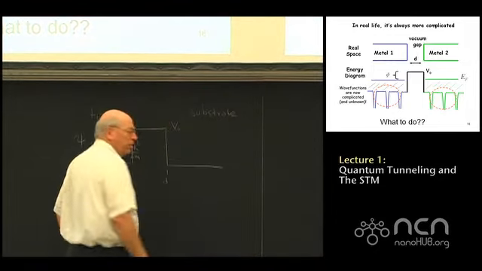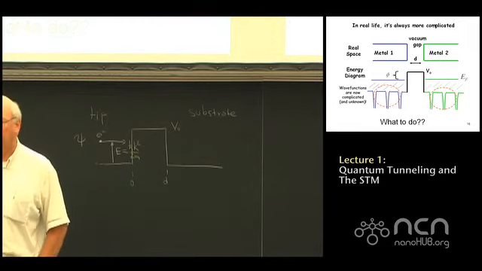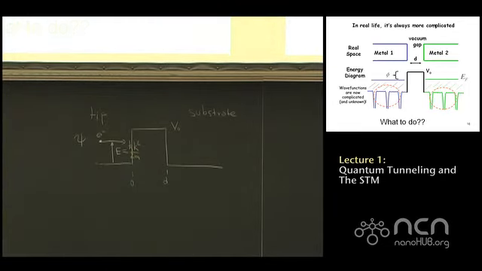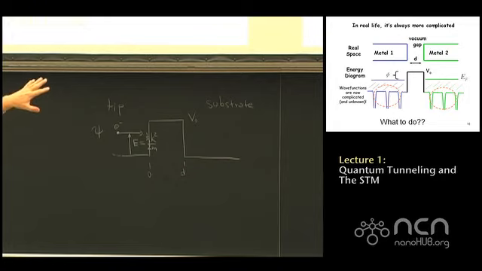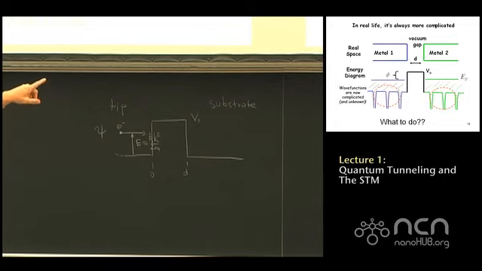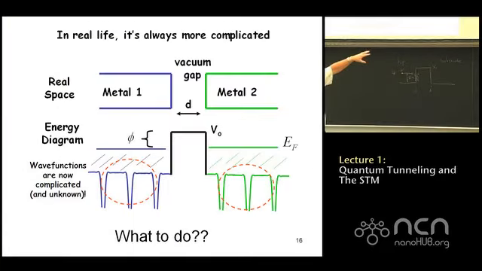In reality, the tip and substrate are made up of atoms, and the question then becomes, how is this picture modified? The answer is that taking into account the individual atoms that make up the tip and the substrate introduces a rather complicated potential function, which is indicated by these sharp, deep wells in this diagram.